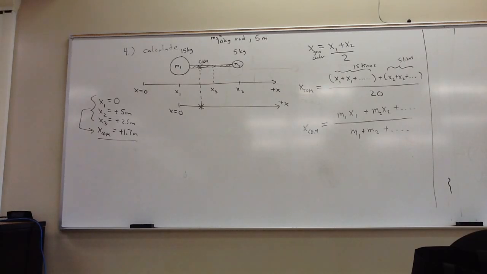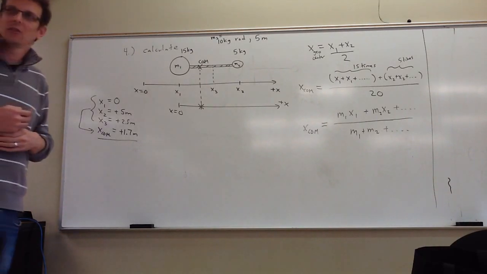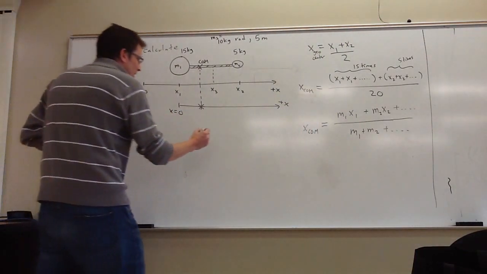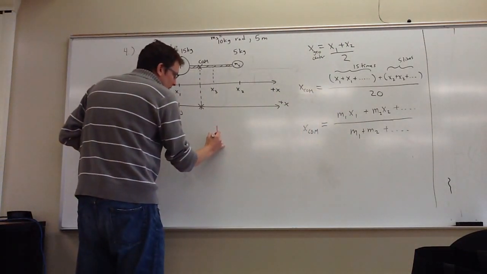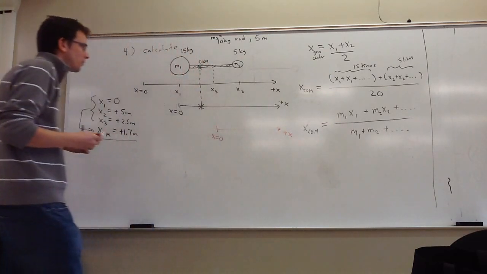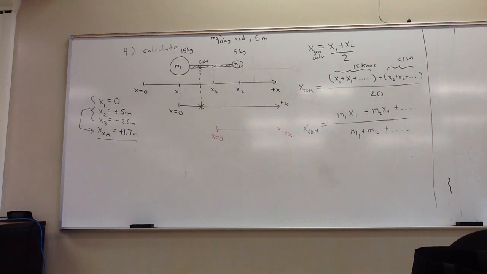Okay, so now this is all location relative to an origin. Maybe your friend chooses a different scheme. Let me show you. Maybe some people like to take x equals 0 at the middle. Is there anything wrong with that?